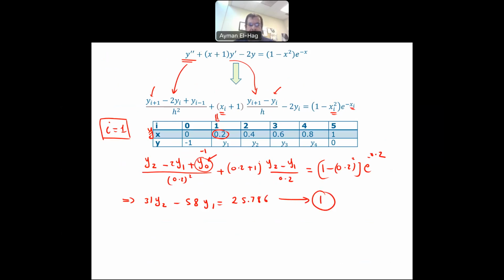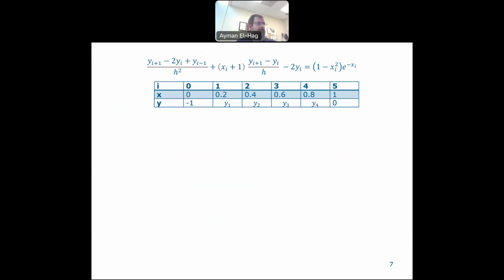Now we need to do the same thing, create the second, third, and fourth equations. So now we go for i equal to 2.